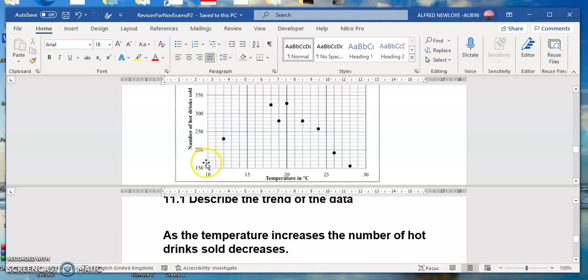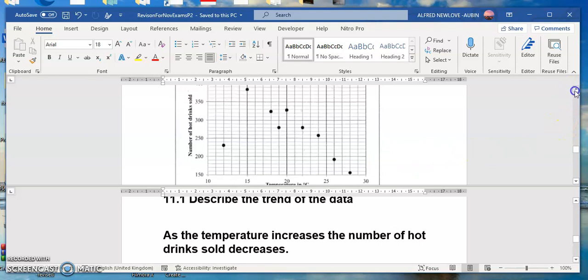So 160, 170, 180, 190, 200, and it goes like that, 210, 220, 230. Is that okay? So when the temperature is 14, the number of drinks sold is 230.